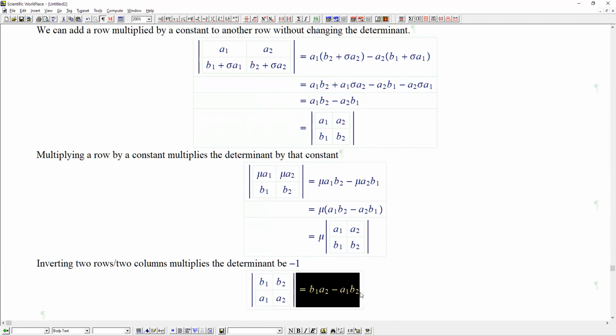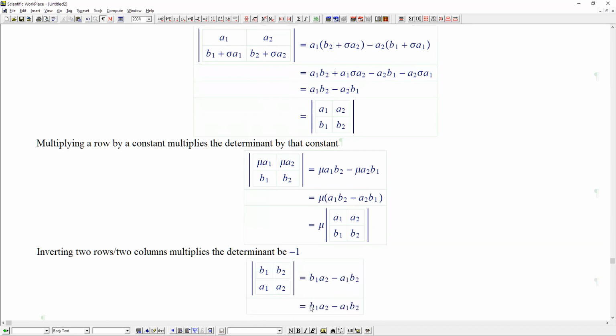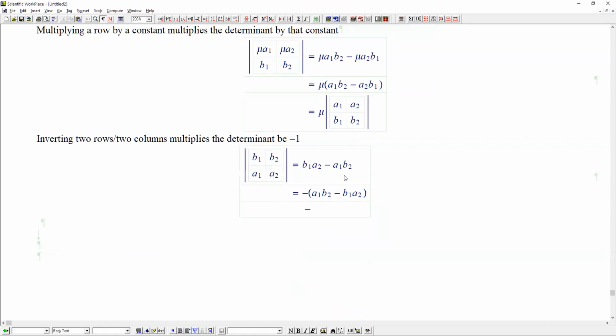And it's going to be equal to minus, here this becomes plus, so I'm going to put it in front. So it's just minus times the determinant of this matrix.